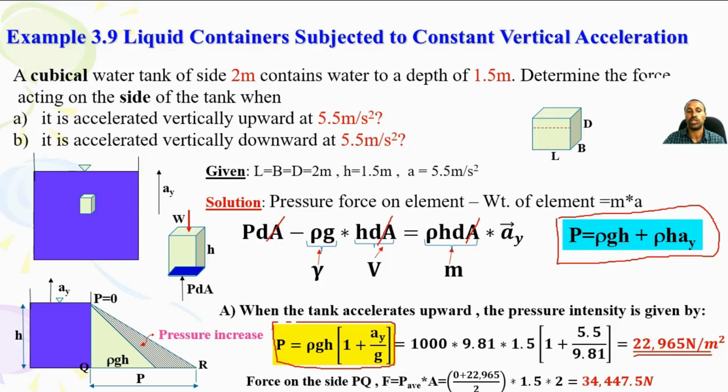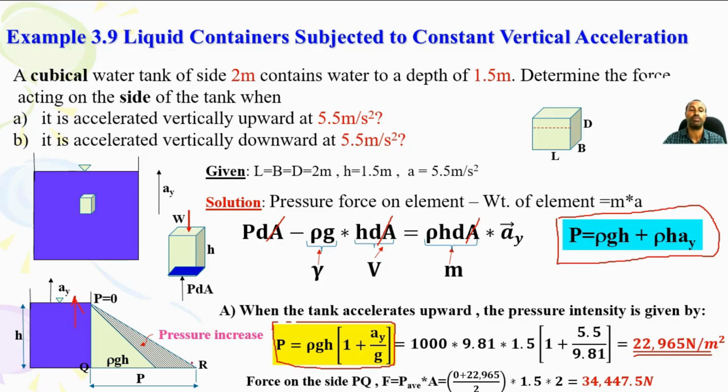So you have a pressure increase due to upward motion. Initially you have rho g h at the bottom due to this height, but due to the increment you have this region, going from Q to R, the total base being P. This is just the additional acceleration in y direction over g. So you get this result.